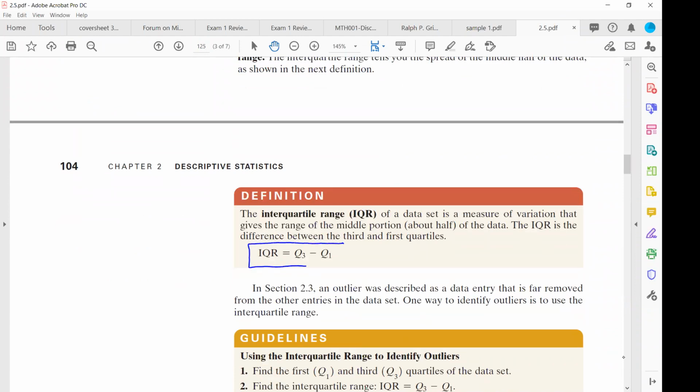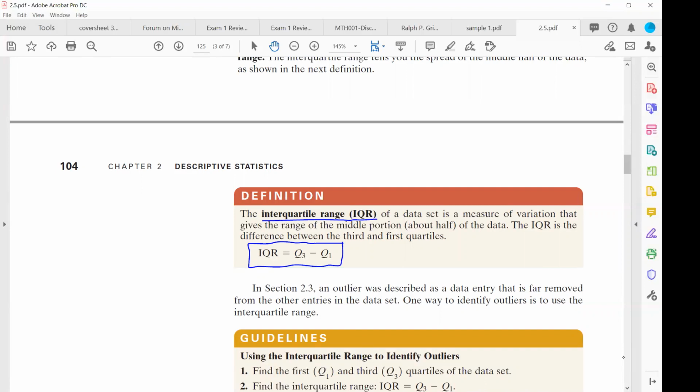Interquartile range, Q sub 3 minus Q sub 1. Third quartile minus first quartile. We call it interquartile range, and we usually denote it by IQR.